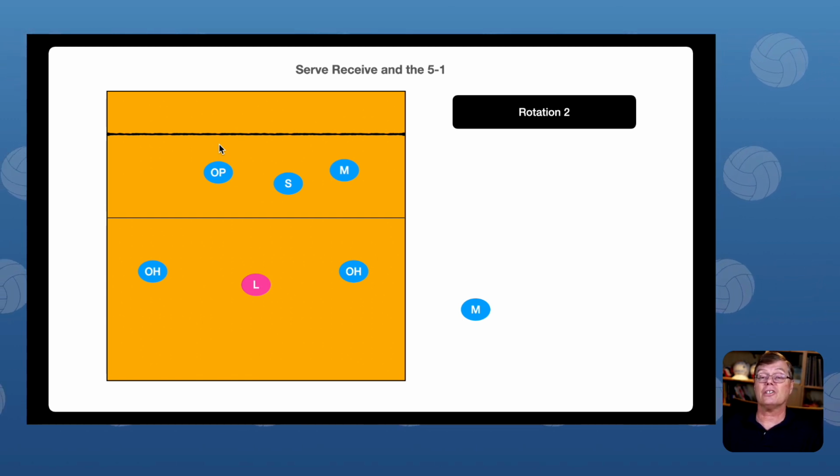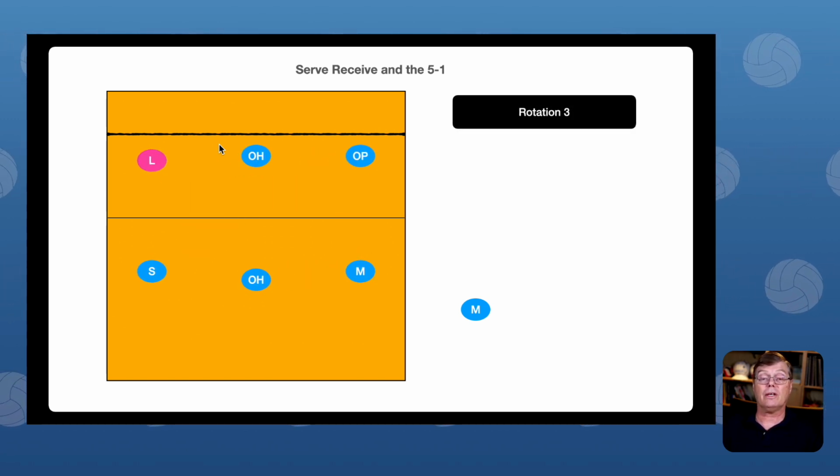The setter just needs to stay behind the opposite that's in front of them to stay in rotation. But this is still in rotation. Three best passers, an outside hitter who's a front row hitter who can immediately hit left side. So that's a nice way to go about serve receive in rotation 2.